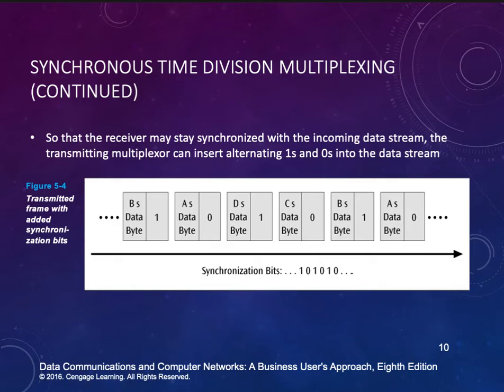Here we see the bit form, A to D. We have the byte followed by the synchronization bit, 1s and 0s.